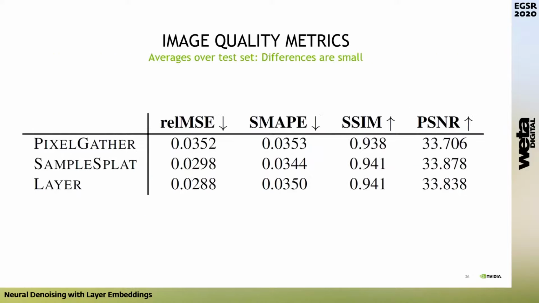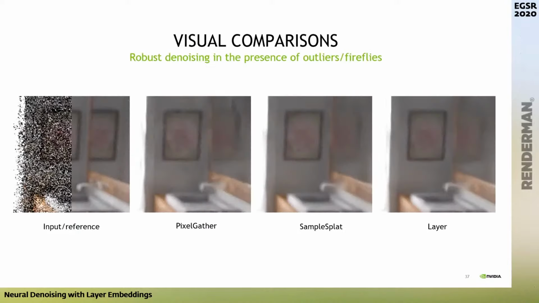If we look at image quality metrics, and here I show the average values over the test set, the differences are generally quite small. The relative MSE goes down when we move from a per pixel denoiser to sample or layer, but in general, the differences are quite small. In terms of visual comparisons, here again, we revisit the case with significant outliers.